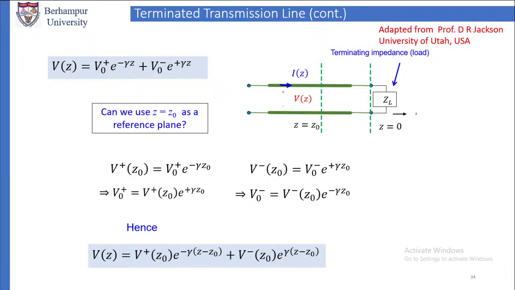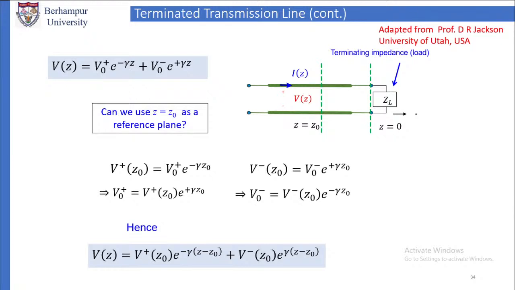Similarly, V0 minus will be b minus exponential minus gamma z0. Therefore V(z) is equal to V0 plus exponential minus gamma z plus V0 minus exponential gamma z. Now put V0 plus equal to b plus exponential gamma z0, then V(z) is equal to V plus z0 exponential minus gamma into (z minus z0). Similarly, the second term will be plus V minus z0 exponential of gamma (z minus z0).